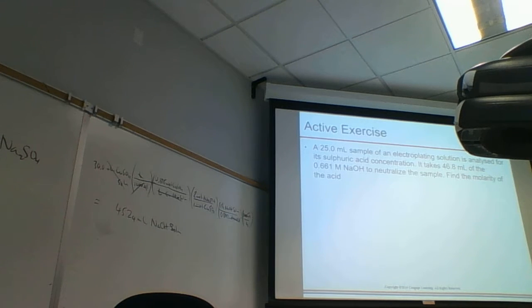So let's take a look at this problem. A 25.0 milliliter sample of an electroplating solution is analyzed for its sulfuric acid concentration. It takes 46.8 milliliters of the 0.661 molar sodium hydroxide to neutralize this sample.